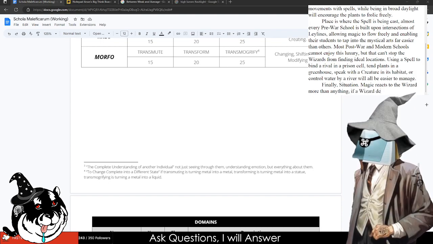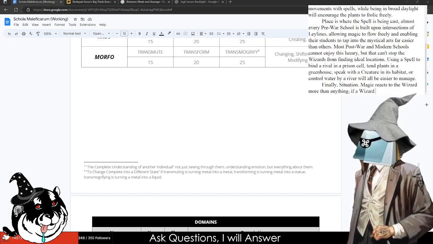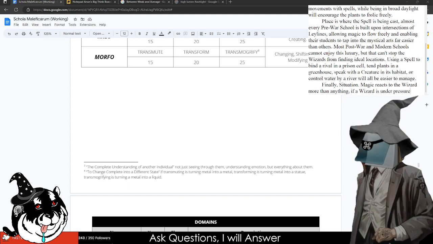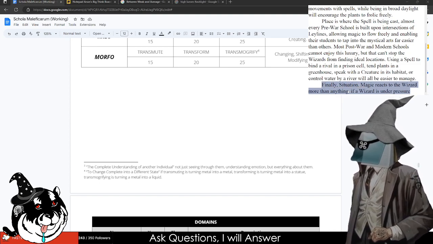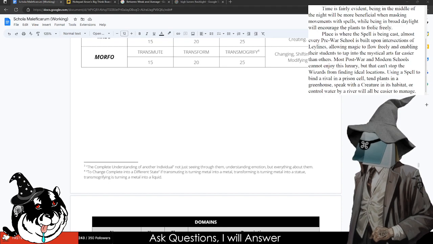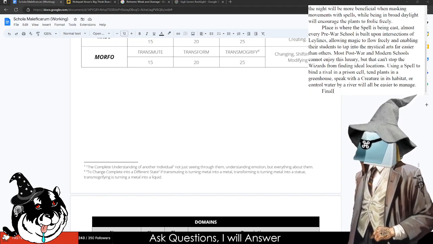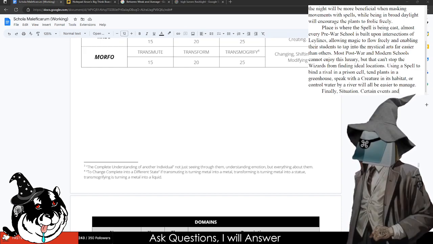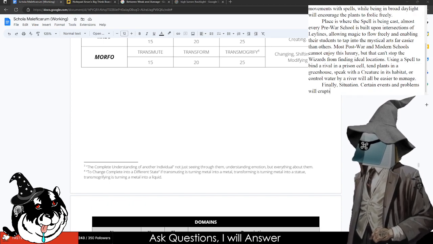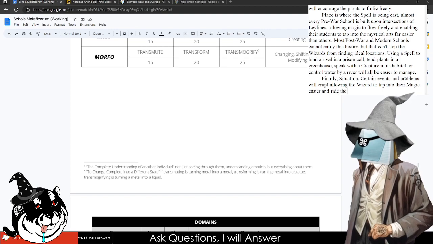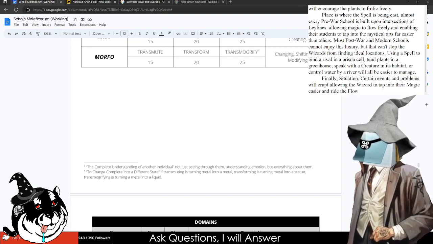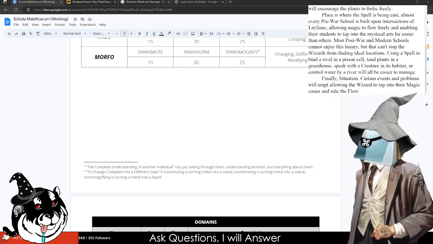If a wizard is under pressure, certain events and problems will erupt, allowing the wizard to tap into their magic easier and ride the flow.